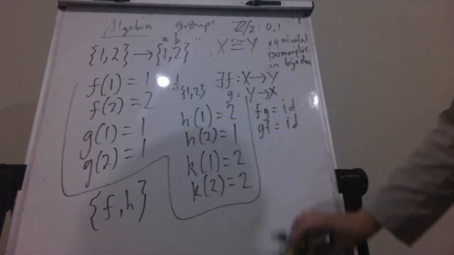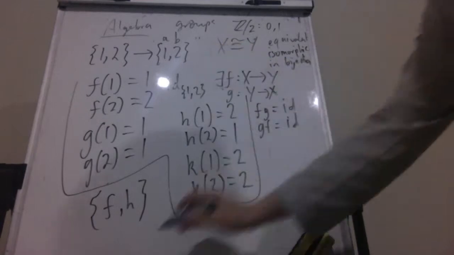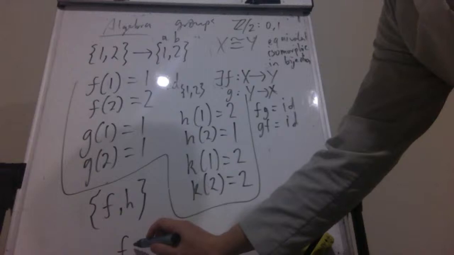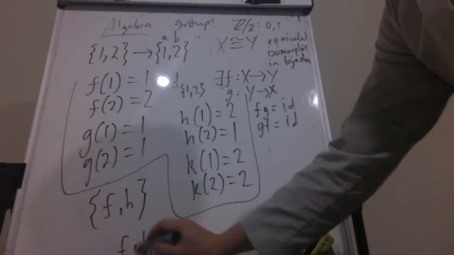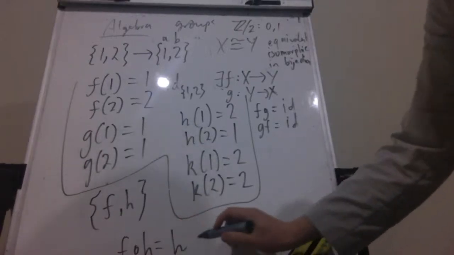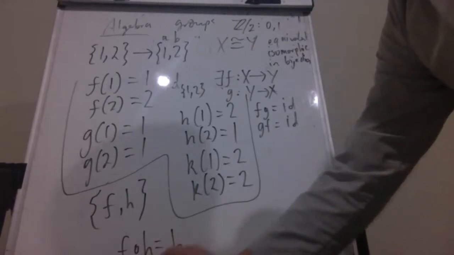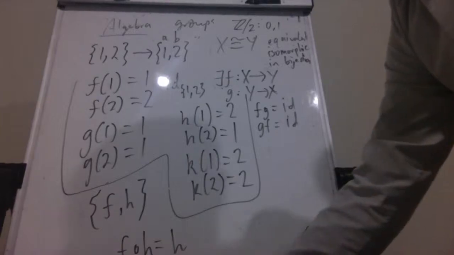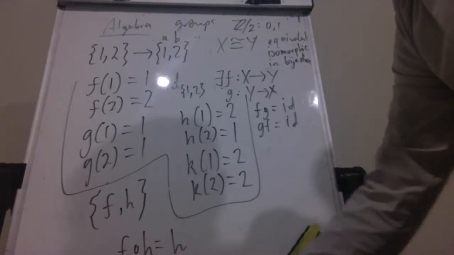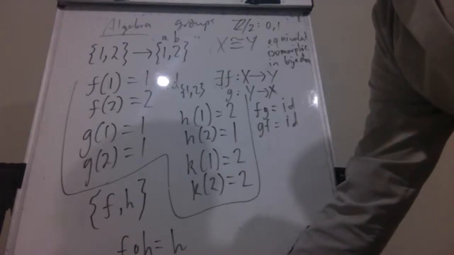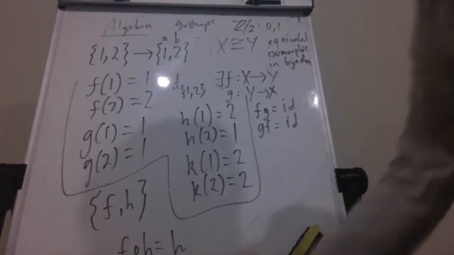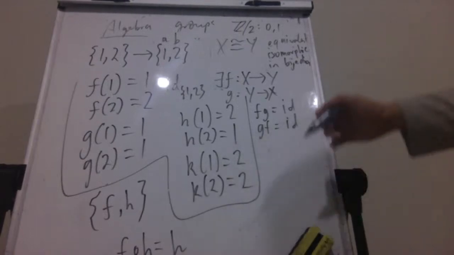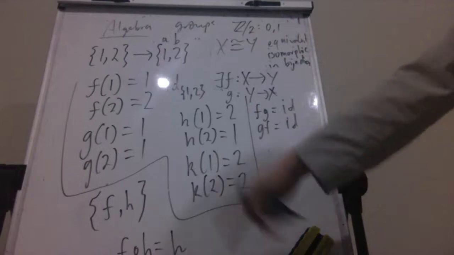So for example, here f composed with h is equal to h, and f composed with f is equal to f. h composed with h is equal to f, and h composed with f is equal to h. And these are the only ways you can multiply these 4 things. Then the bijection that you have must also respect this.